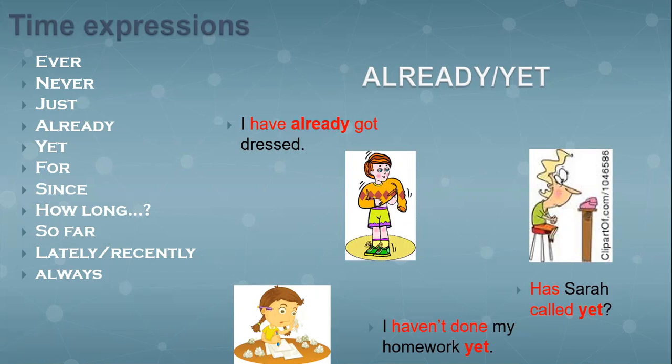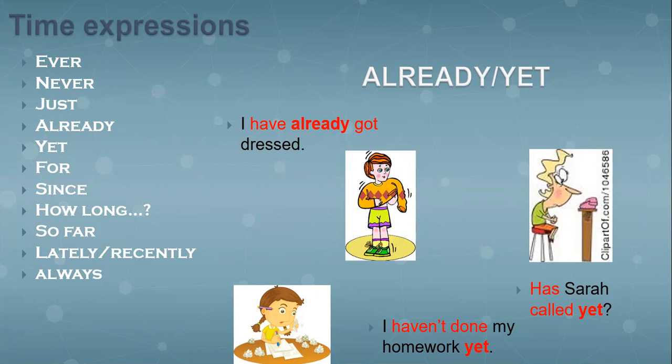Okay? And then we have an important time expression, which is how long. If I want to ask about the time spent doing an action or a time spent waiting for an action or expecting an action to end, we say how long. How long have you been studying? How long have you lived here? How long have you been a student at your school?